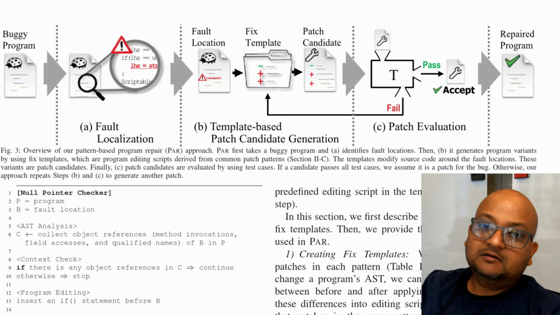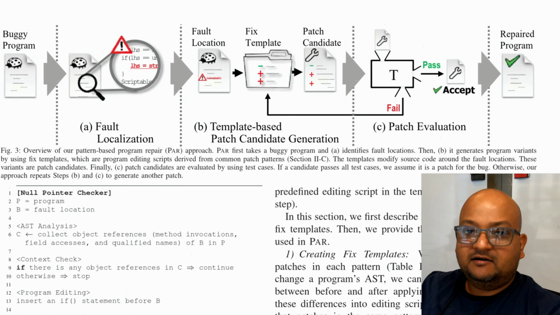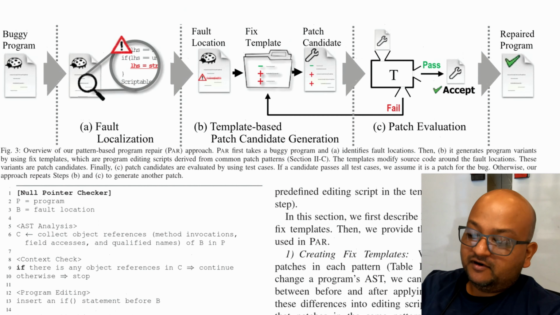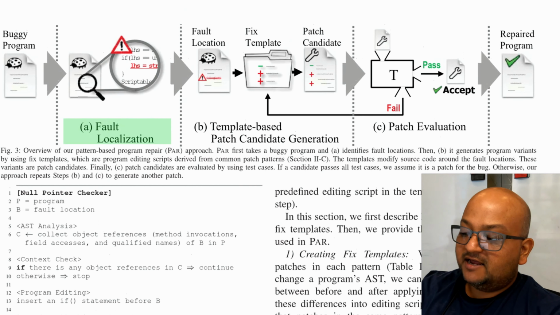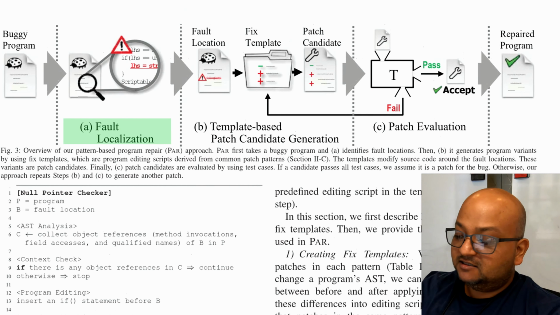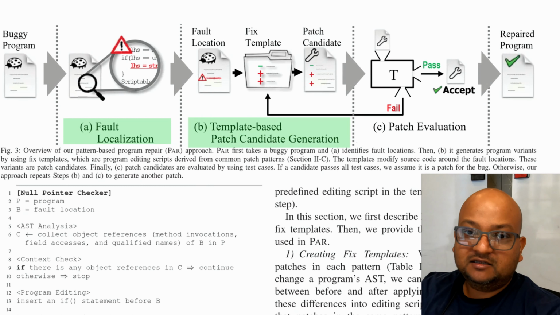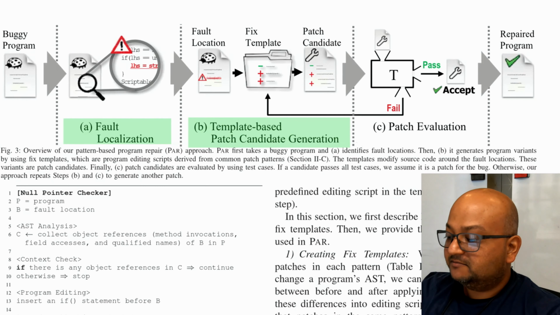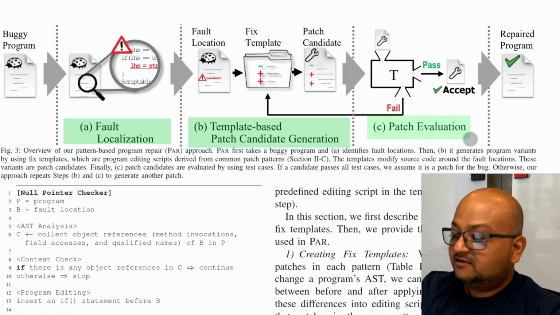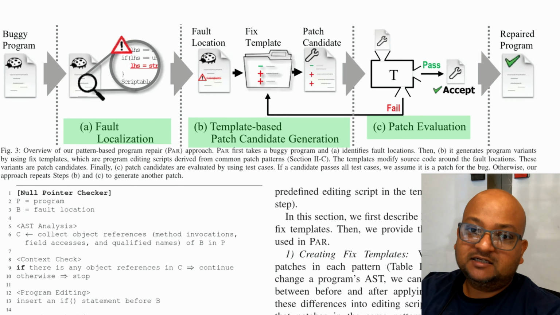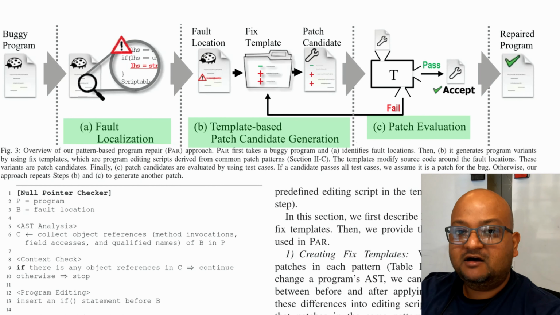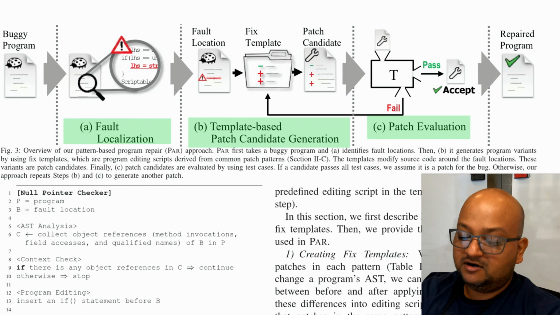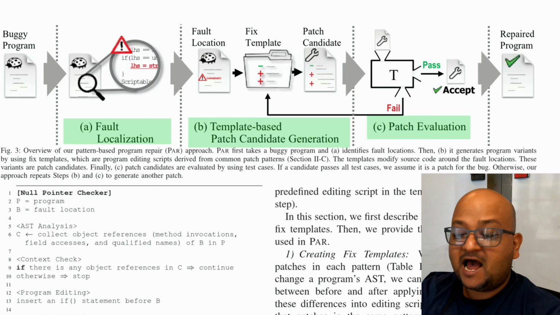The overall flow of their algorithm for generating patches is then, first of all, to localize where the fault is. Once they've done that, they then generate patches based on the templates that they've just found. And finally, they then evaluate these patches, and that is done by running the automated test suite for the program that they are trying to patch.